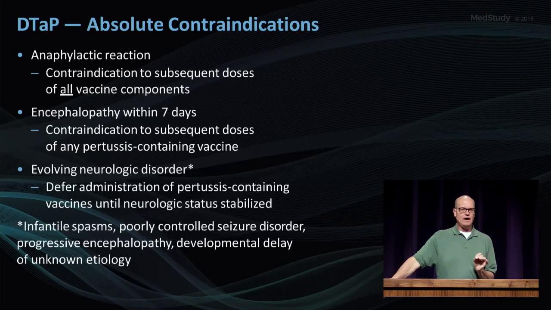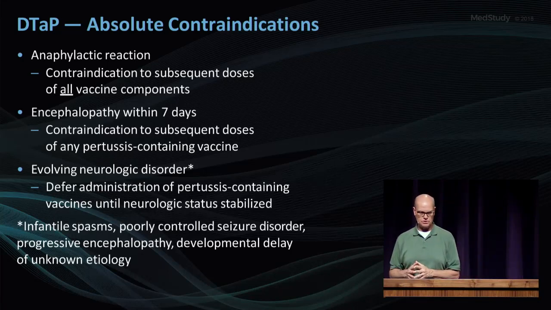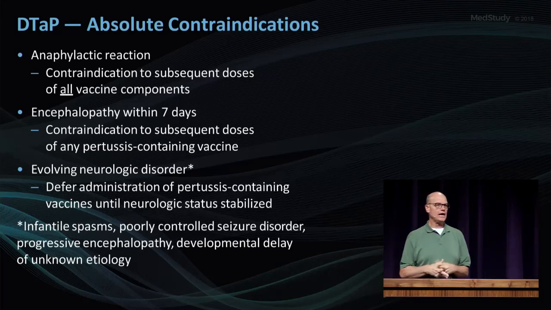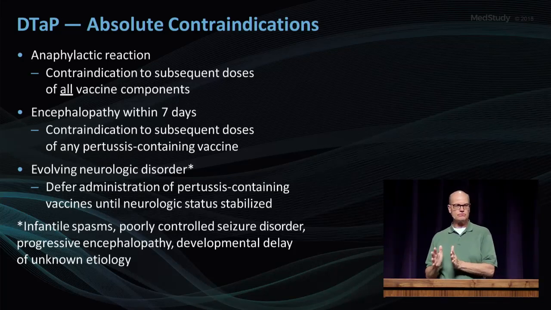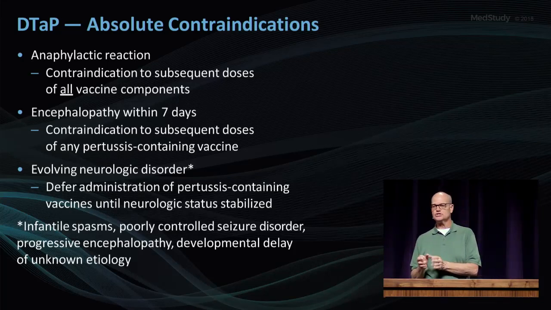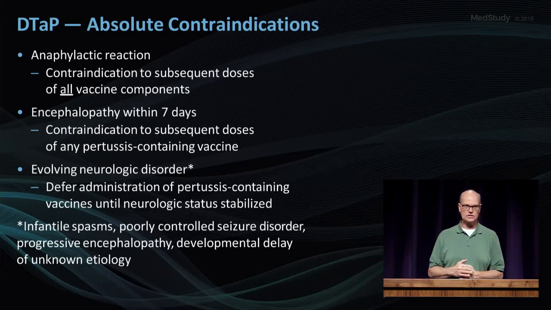Finally, any evolving neurologic disorder. For example, a child with poorly controlled infantile spasms or other type of seizure disorder. A child is being evaluated for developmental delay, which is worsening. These are the 3 absolute contraindications where your answer should be do not give the vaccine.